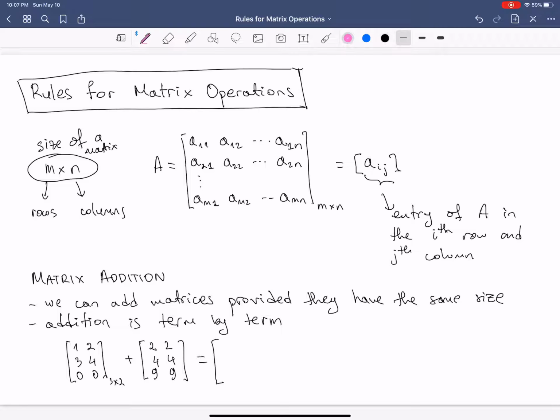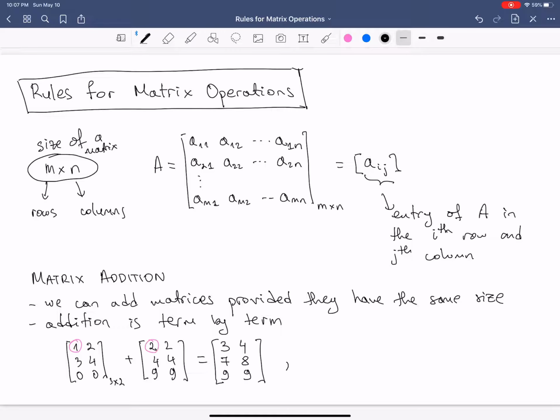So for example, this number plus this number is 3, and then correspondingly. So then 1 next to it would be 2 plus 2, which is 4. Then 3 plus 4 is 7, 4 plus 4 is 8, 0 plus 9 is 9, 0 plus 9 is 9. So this is what we refer to as the sum.